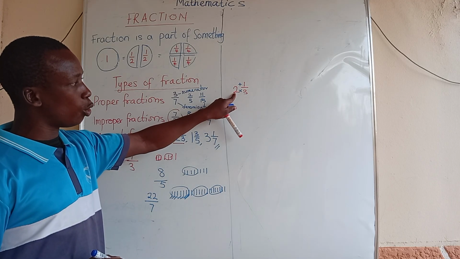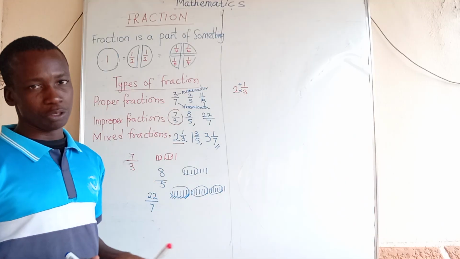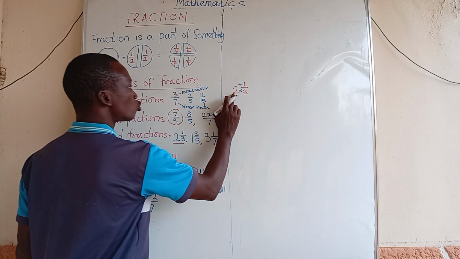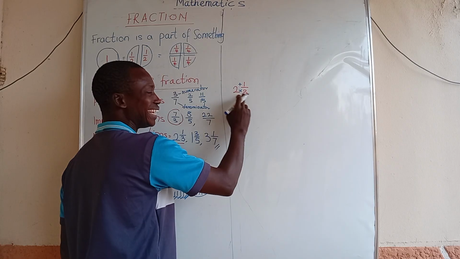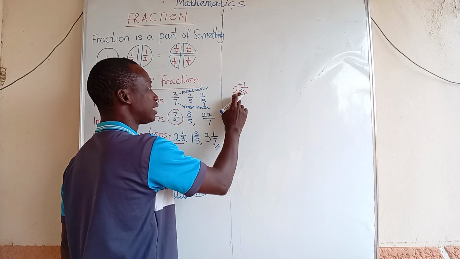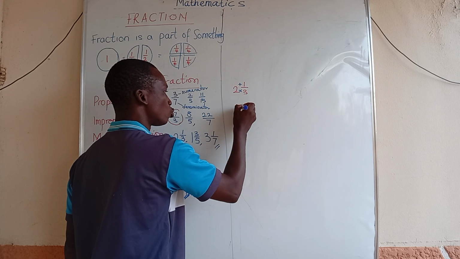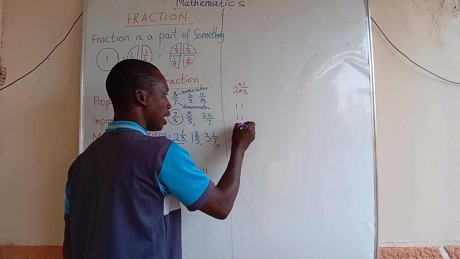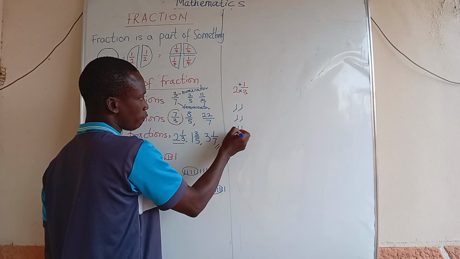How do we do that? This is 2 times 3. 2 times 3 means count 2 in 3 places. 1, 2, 1, 2, 1, 2. Then you count it together. 1, 2, 3, 4, 5, 6.